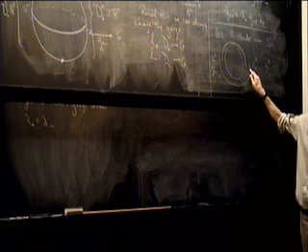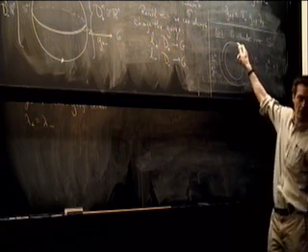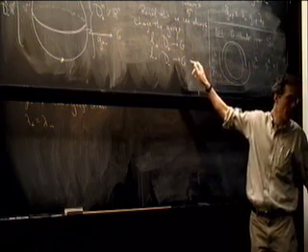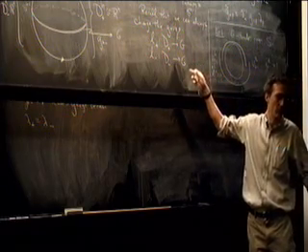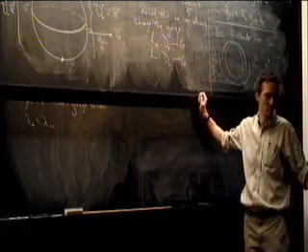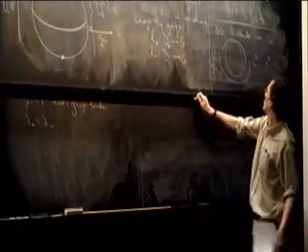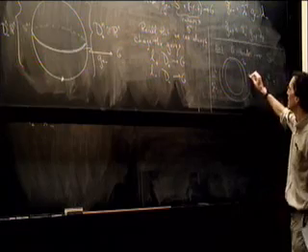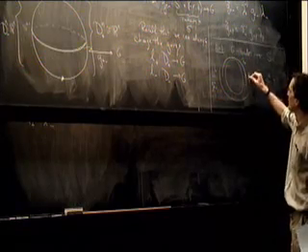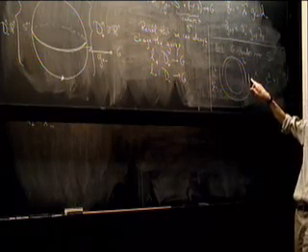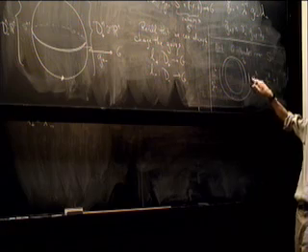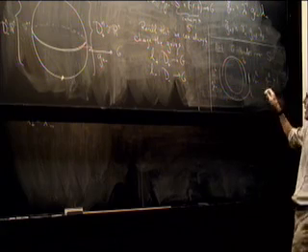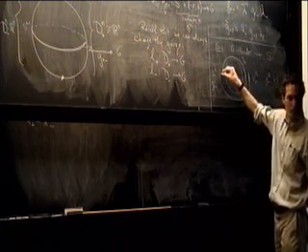Now, because I have a discrete group, it has to be constant throughout the rest of the patch. It's a continuous function. So lambda plus was defined up here. Lambda minus was defined over here. On the overlap region, I have to have lambda plus equals lambda minus to keep this gauge. And therefore, lambda plus equals lambda minus over here.